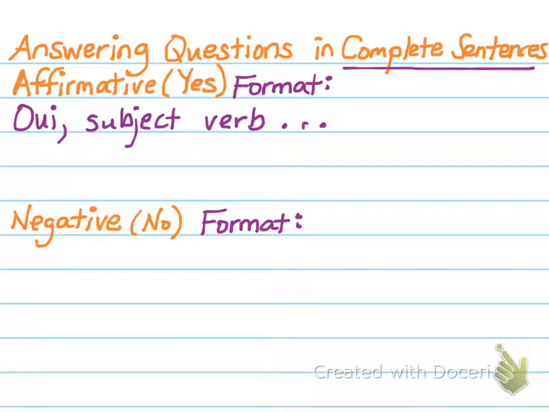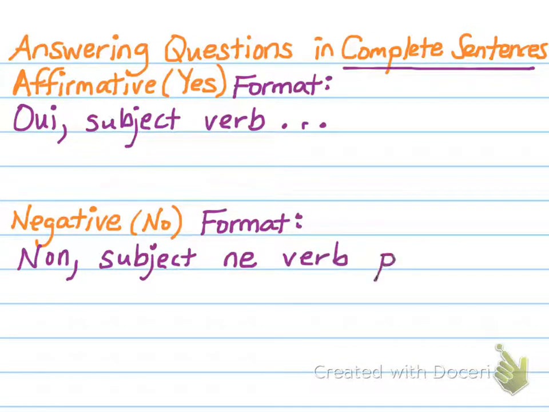The format in a negative sentence, okay, again, you're probably going to have a non, subject, ne, verb, pas, and again, dot, dot, dot for whatever else is in your sentence.